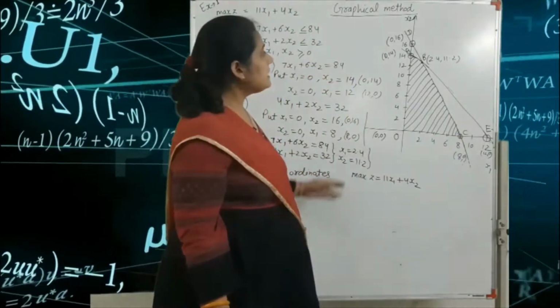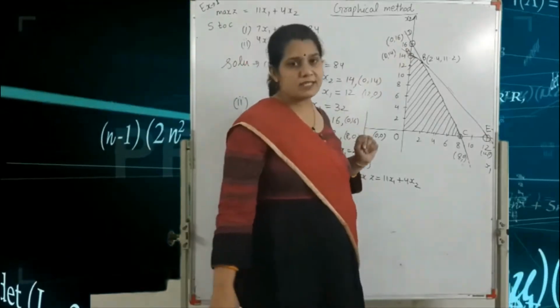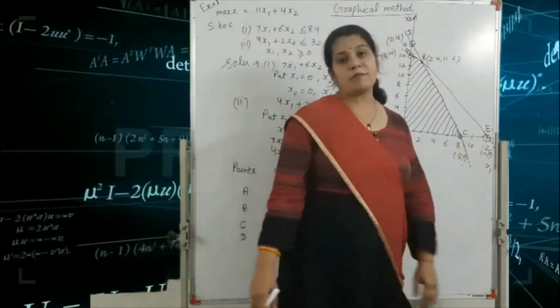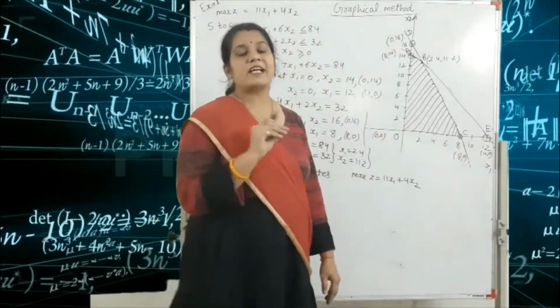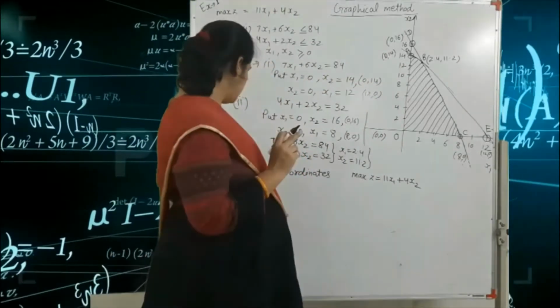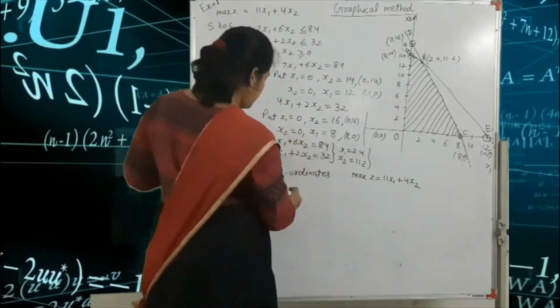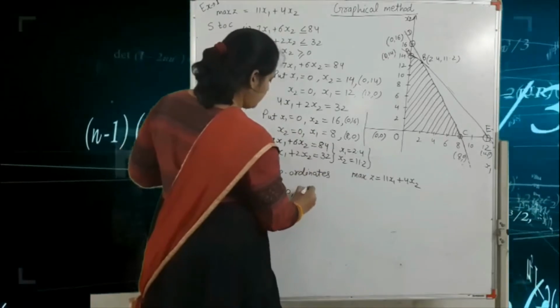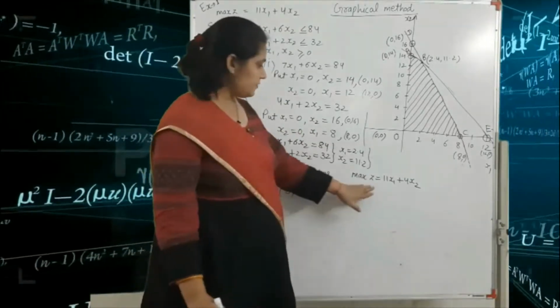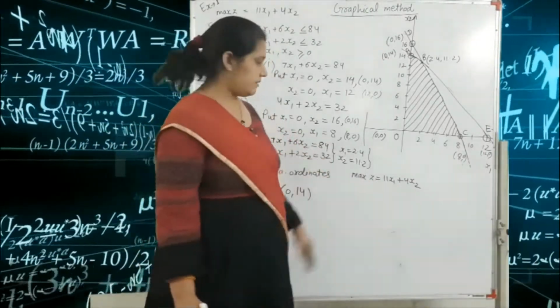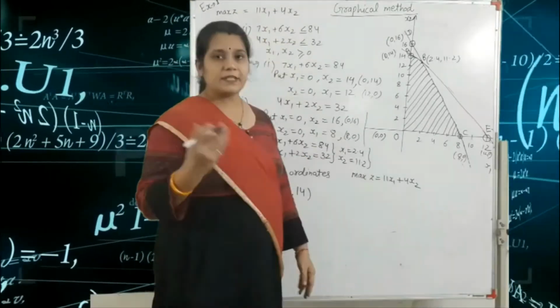But these points, 0, 16 and 12, 0, do not satisfy the constraint equation. See here, the point A is 0, 14, and here we write the maximum z is equal to 11x1 plus 4x2, as given in our question.